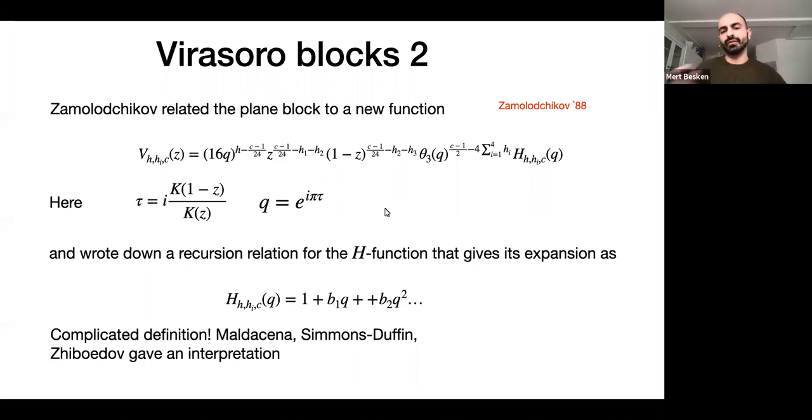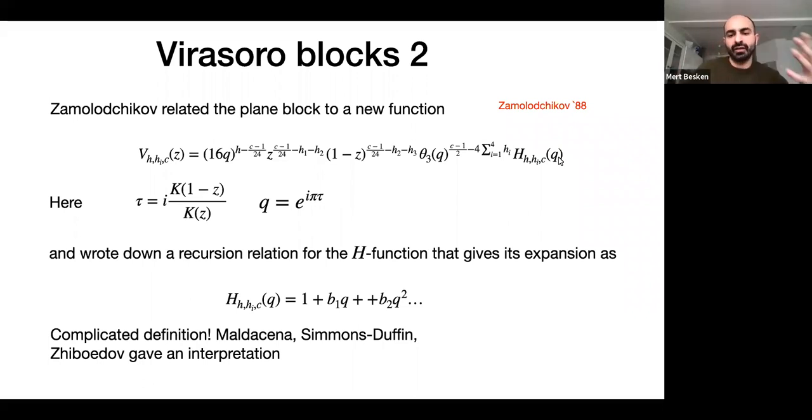The first time this function H appeared is kind of complicated. It goes back to a paper of Zamolodchikov on the Ashkin-Teller model, which is a specific CFT with central charge 1. He reframed the differential equation for the conformal block as an eigenvalue problem.